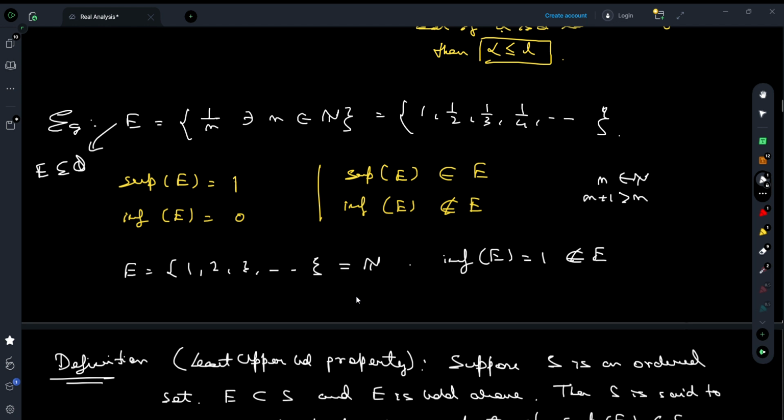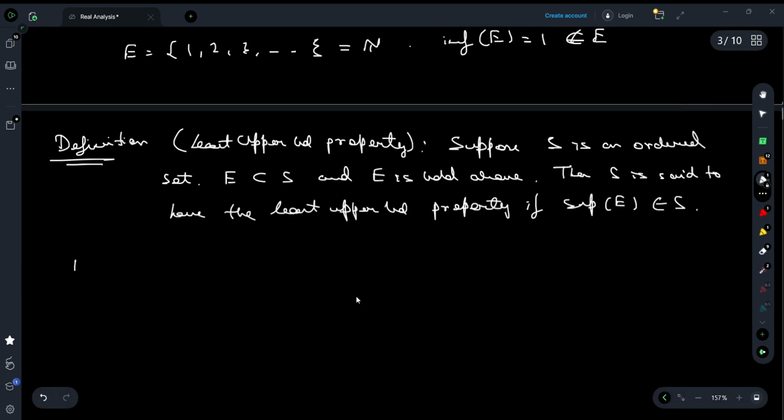You take an ordered set Q and you take this set, which has an upper bound 1 inside Q, a least upper bound 1 which is inside Q, and it is also bounded below by 0. Its greatest lower bound is 0, which is also inside Q. I'm not saying that Q has the least upper bound property, but I'm just making you understand what we actually mean by it. Every bounded above set has the least upper bound inside the bigger set to which E belongs. Clear?